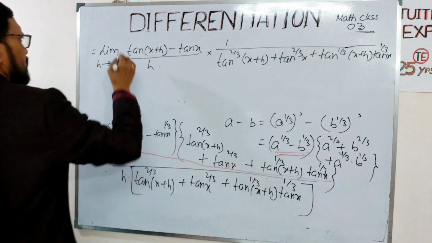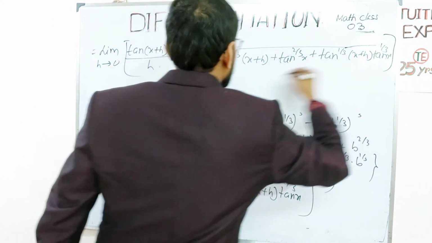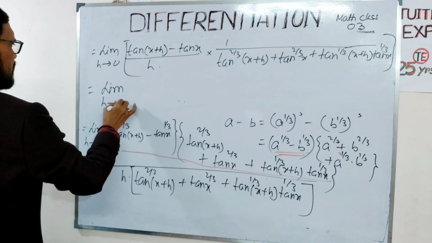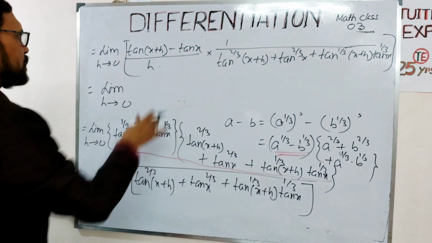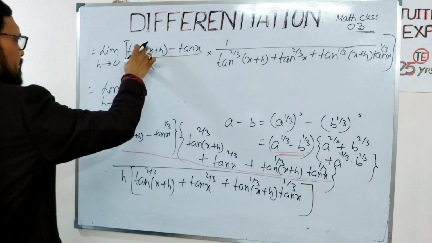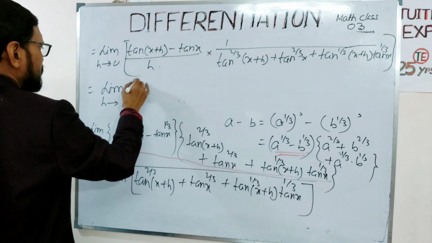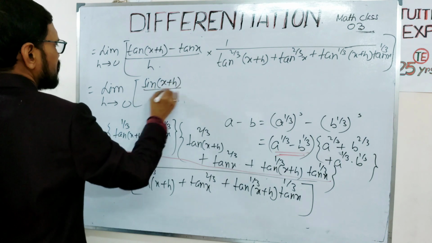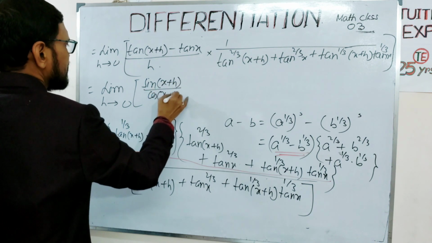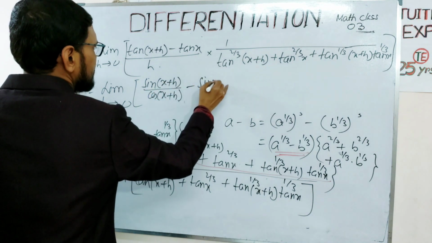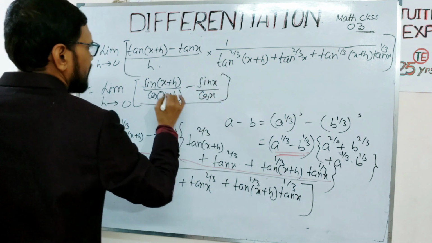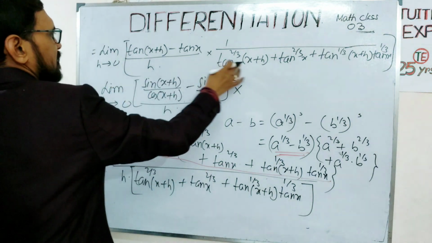Now this tends to 0. Now this becomes sine by cos, sine by cos. If we break this, sine (x plus h) by cos (x plus h) minus sine x by cos x, by h, and put here h equal to 0.